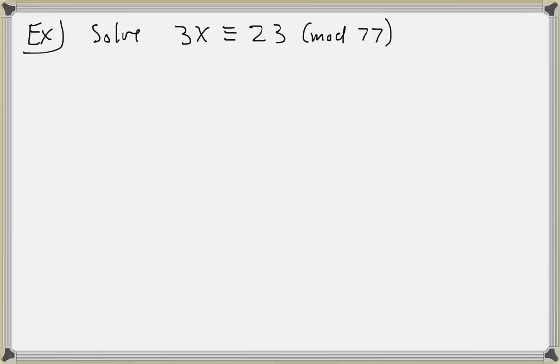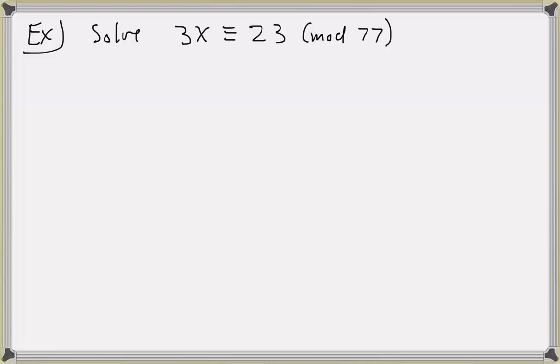Let's look at one more example. Solve 3x is congruent to 23 mod 77. I'd like to divide both sides of this congruence by 3, but 23 is not a multiple of 3.